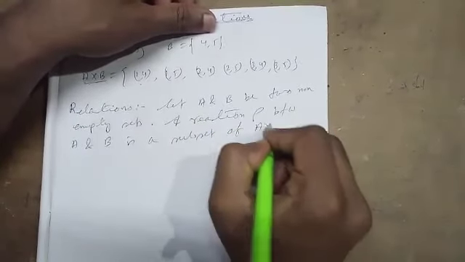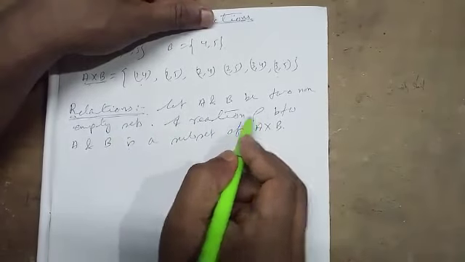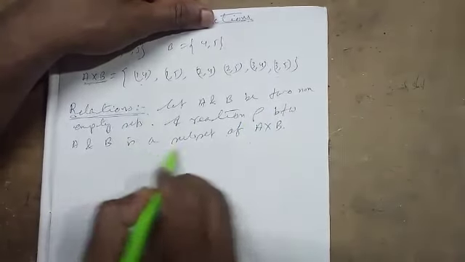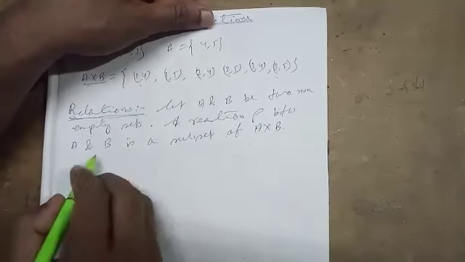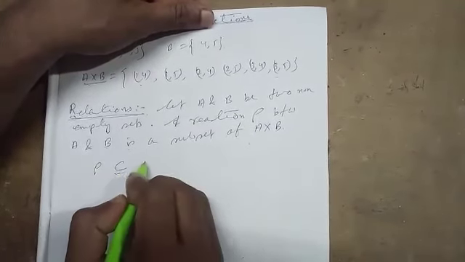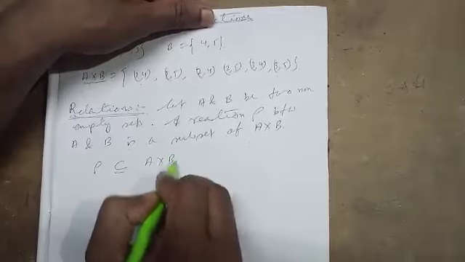A relation rho between A and B is a subset of A cross B. That means rho is a subset of A cross B.